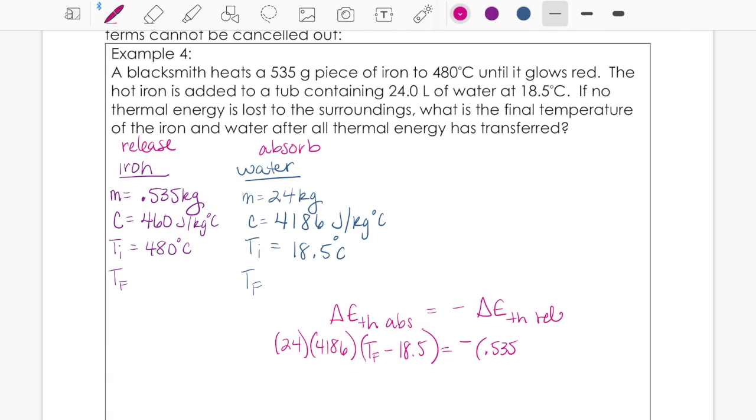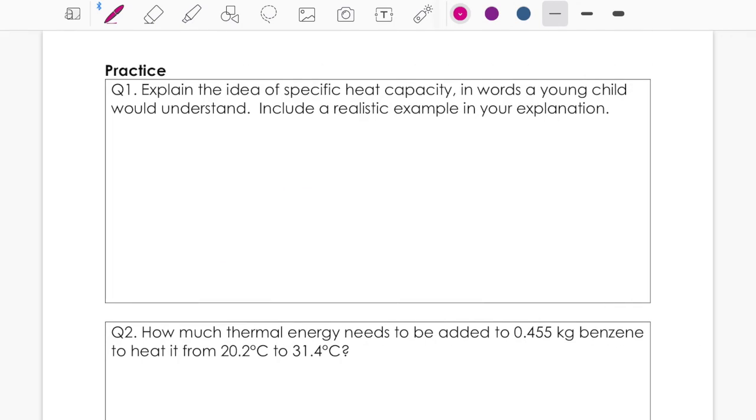It's equal to negative the mass of my iron, 0.535, times the specific heat, times my final temperature minus my initial. Okay, so whenever I multiply, distribute, and then solve for TF, I should find that my TF is equal to 19.63 degrees Celsius.